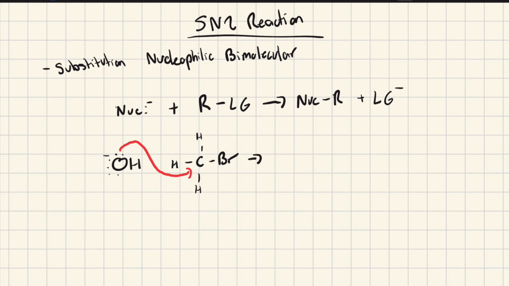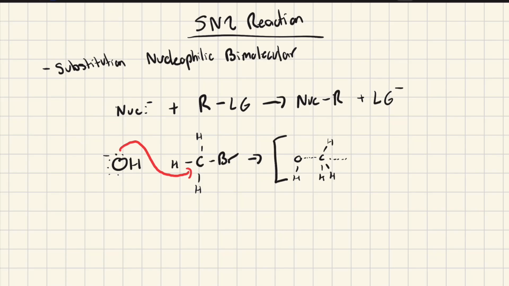And then we can draw a transition state for what this would look like here. The electrons from the hydroxide are going to start to attach to our methyl group. So we can draw our OH and then have a dashed bond here with our carbon. Now, this is going to push our hydrogens more towards the other direction.